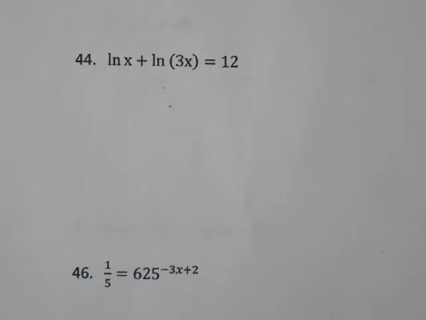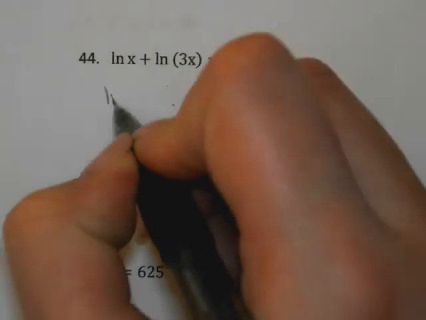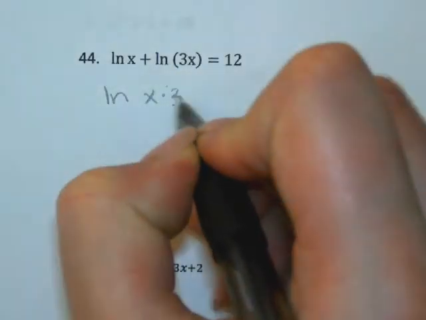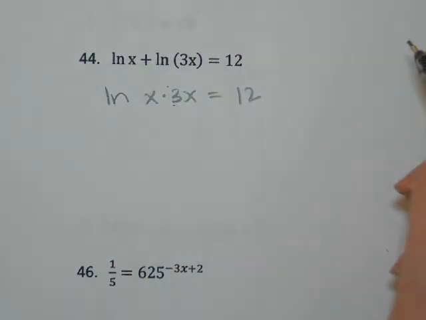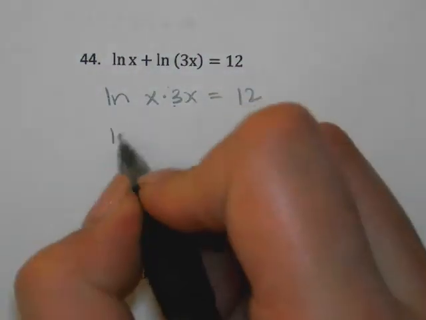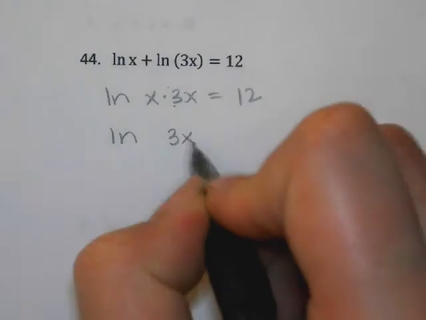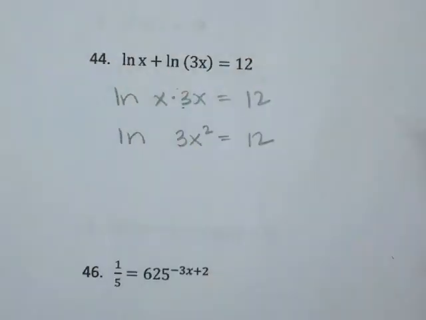Do we need to do anything for that? Multiply them, right? So we have ln of x being multiplied by 3x. What is x times 3x? 3x squared. So I have ln of 3x squared equals 12.